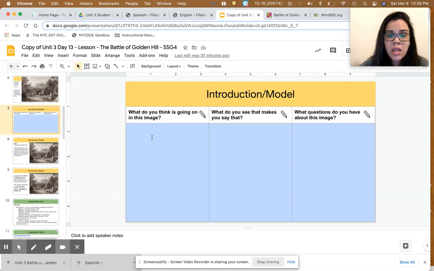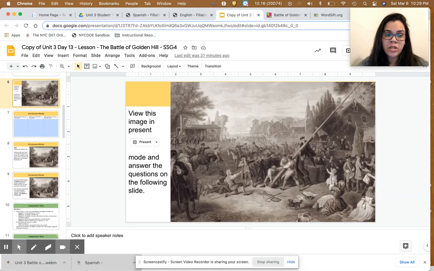Once students jot some of their ideas down and come to class ready, whether they're remote or in a blended setting, you could spend some time having students share, either in small groups or whole class, some of the things they noticed about each image.